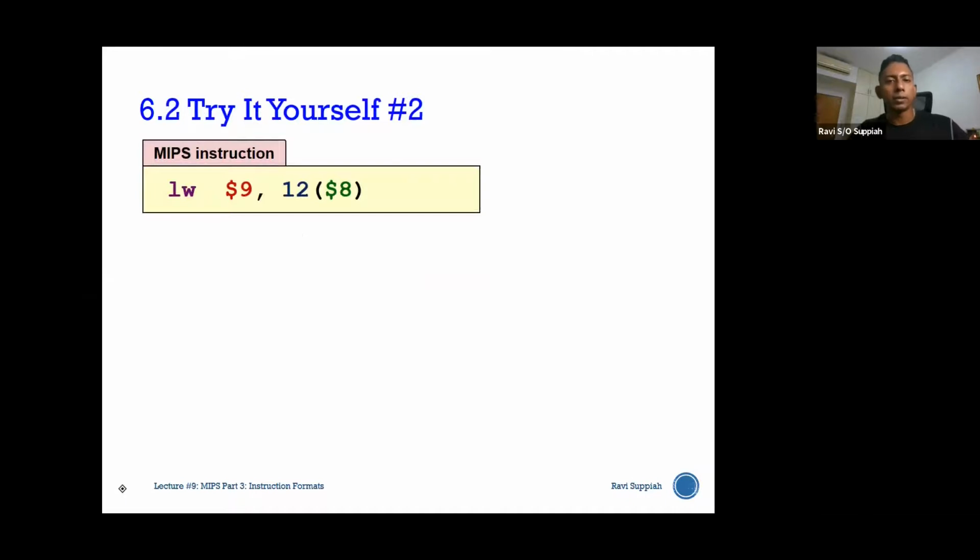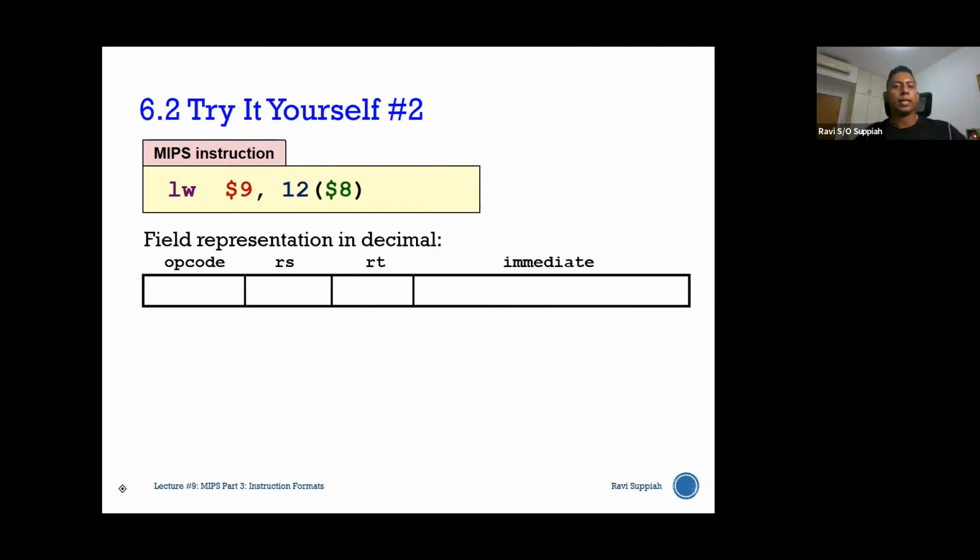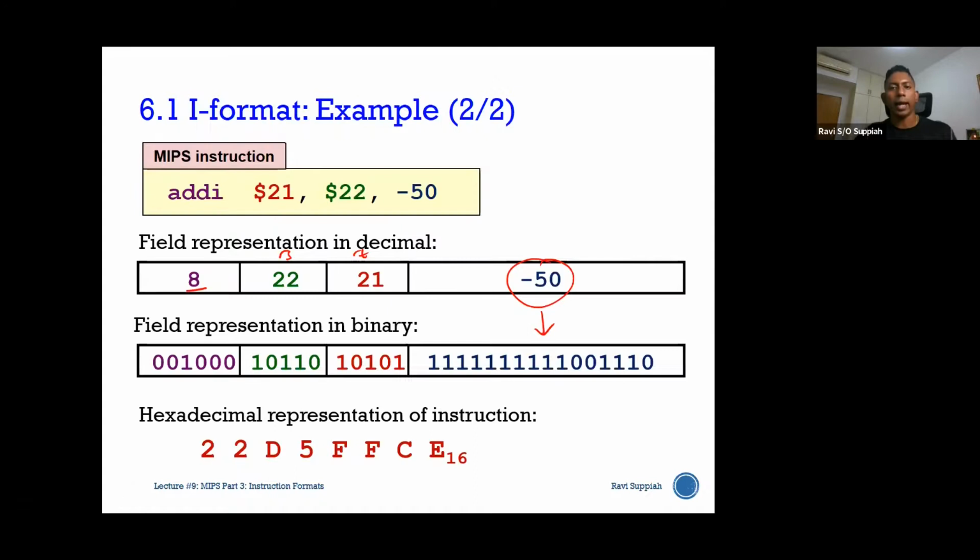How about the load word instruction? A load word instruction, again, you have your RS here, you also have your RT here, and you have your immediate value here. Even though we write the instruction, the way we write the load word instruction is very different from how we write the add-I instruction.